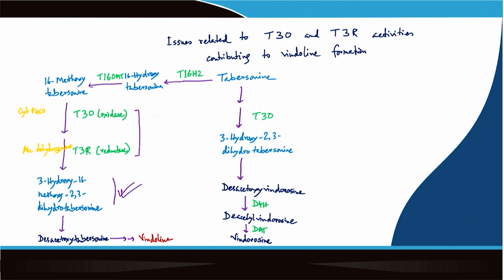So, the message again I write: the product of T3O is an epoxide and is not used by T3R. Therefore, coupled action is required in order to have this activity.